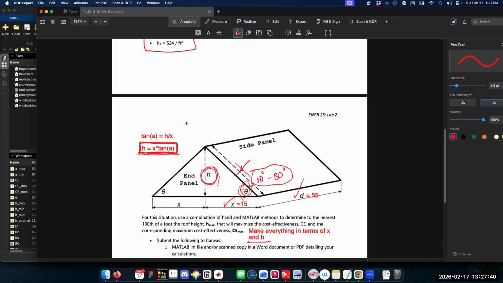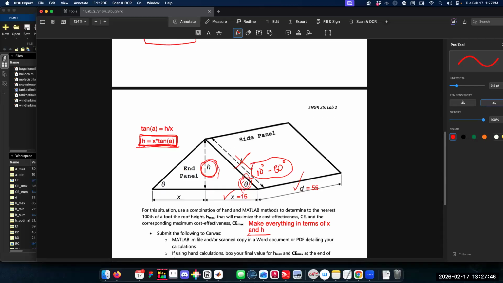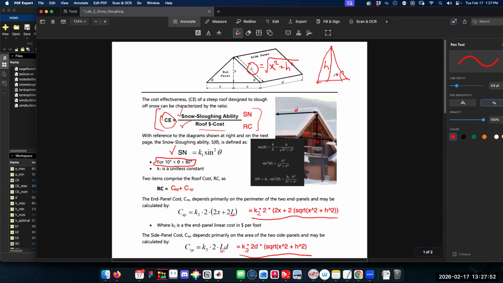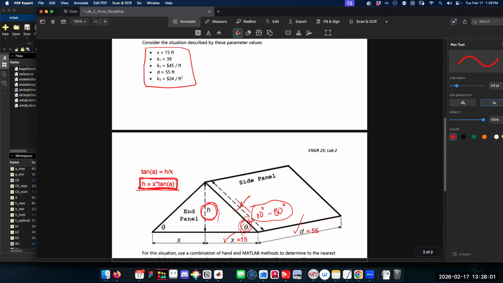We're only varying h, at least in our code. According to the question, if this angle theta changes, the height would also change. And if you change the height, the angle changes too as a result. Yep, and then this relationship here.